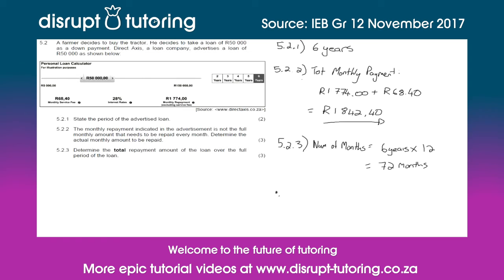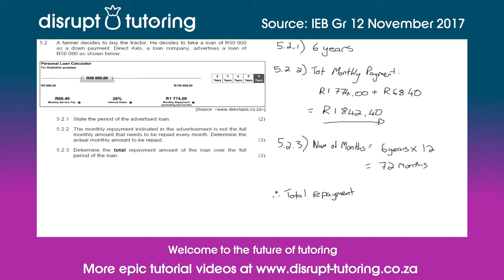So therefore, the total repayment is going to be your monthly amount, which we calculated in the previous question, multiplied by the 72 months that he's going to have to pay for it.